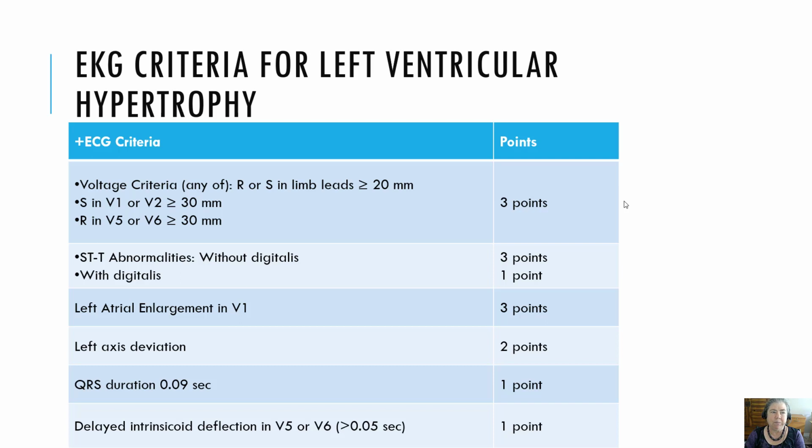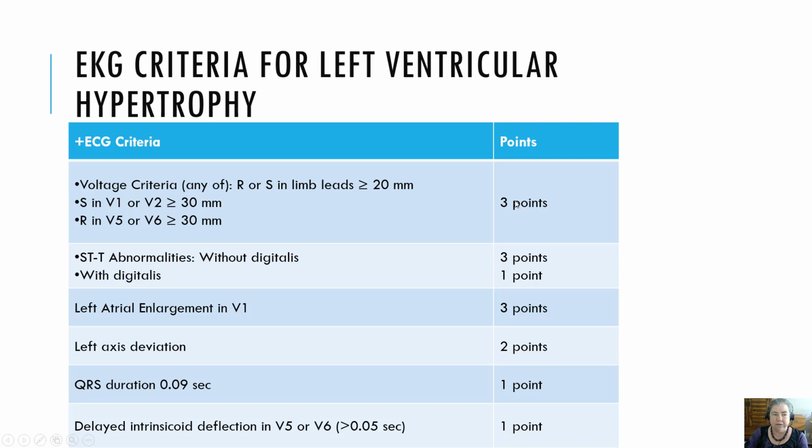And if you have certain criteria on EKG, big ones being the size of the QRS deflection in the limb leads and in the chest leads, you may diagnose left ventricular hypertrophy. There are others.